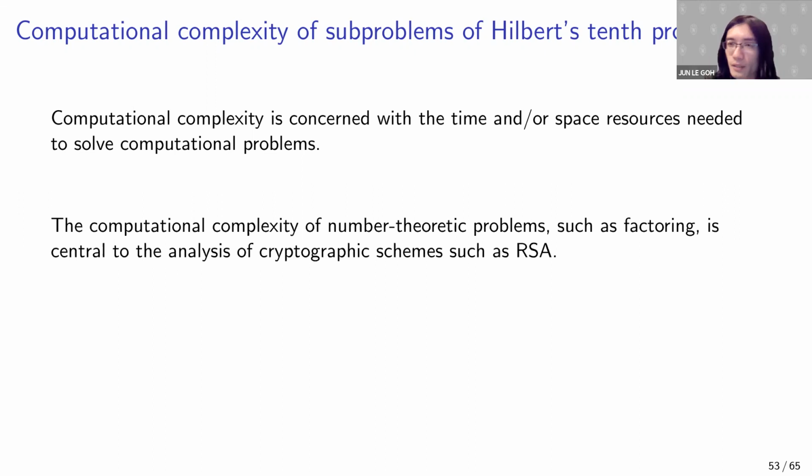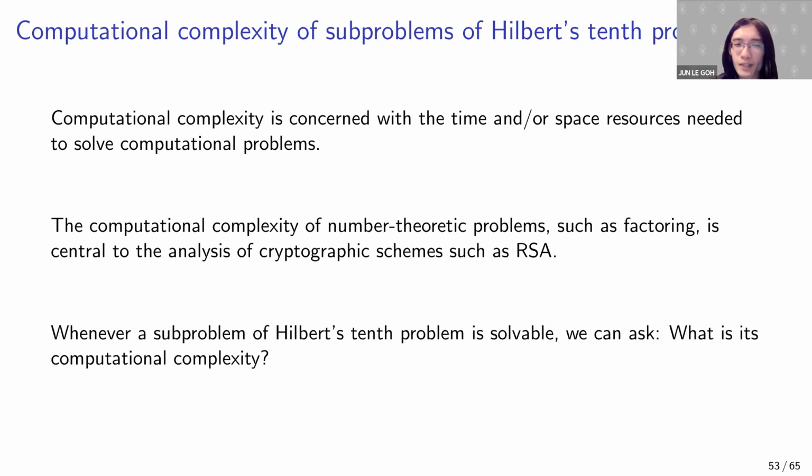And specifically, the computational complexity of number theoretic problems, such as factoring, for example. You can think of factoring as a problem. This is important for cryptography. Things like the RSA cryptographic scheme rely on factoring being difficult. By difficult, I mean computationally intensive.